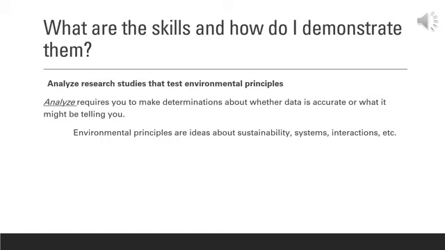The next skill is to analyze research studies that test environmental principles. Again, we're looking at analyzing, making determinations about whether something is accurate or what it might be telling you. In this case, environmental principles can include ideas about sustainability, overall systems, interactions, and specific concepts that are the basis of environmental practices.